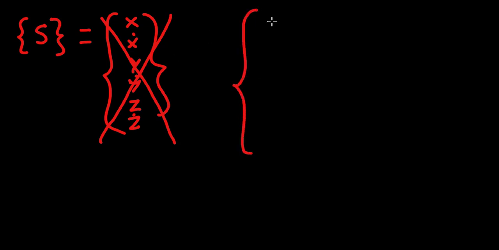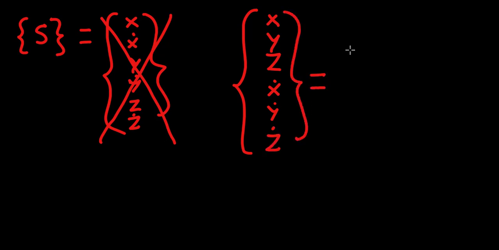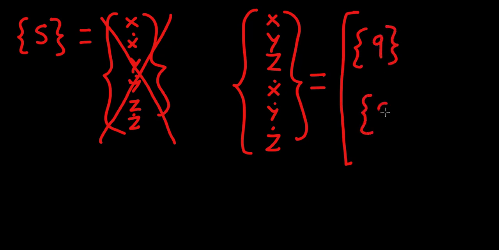Instead, you'll write it like this: x, y, z, and x dot, y dot, z dot. Or if you're using the notation that we had earlier, you can consider it as a vector holding q and then q dot. So that's what you need to keep in mind.